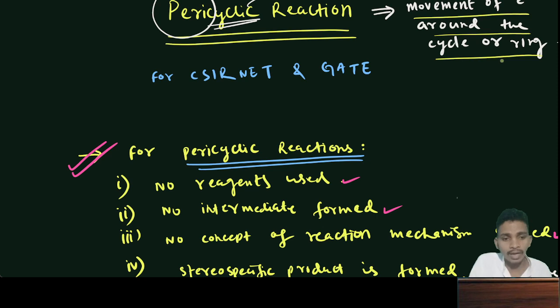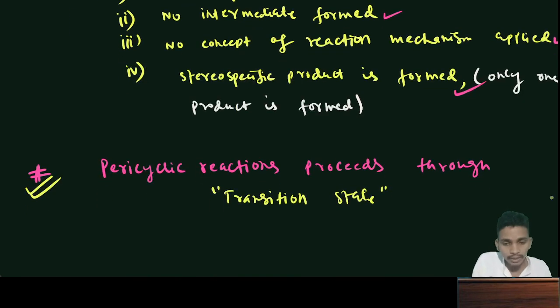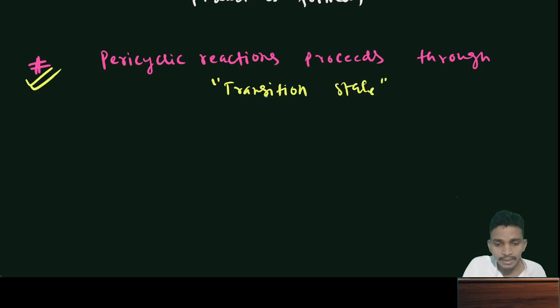Because the electrons move around the cycle during the reaction. And here no intermediate, no reagents, and no reaction mechanism concept is applied. So it will proceed through a transition state, and that transition state is a cycle or ring.